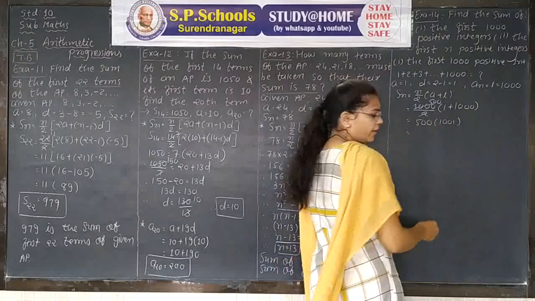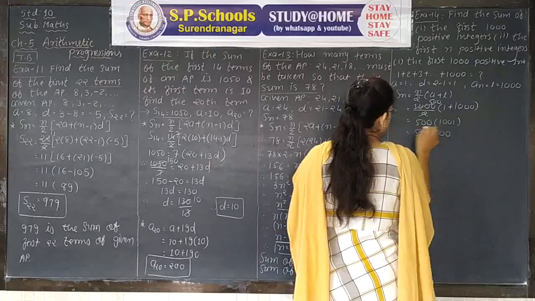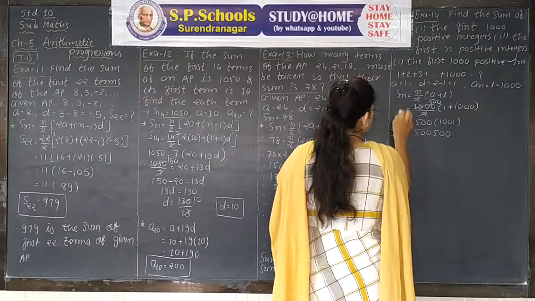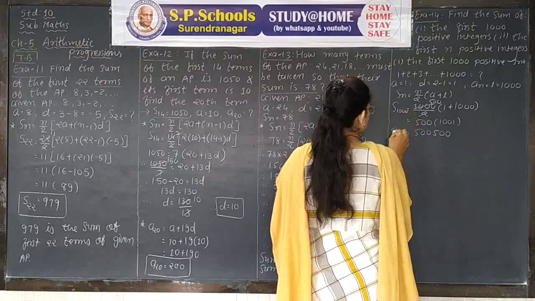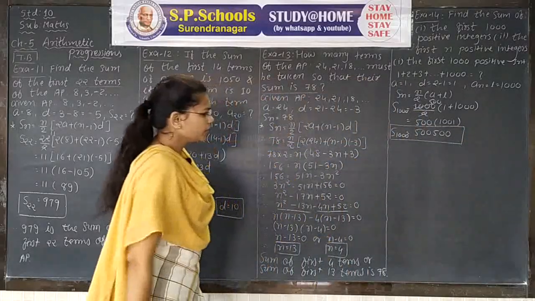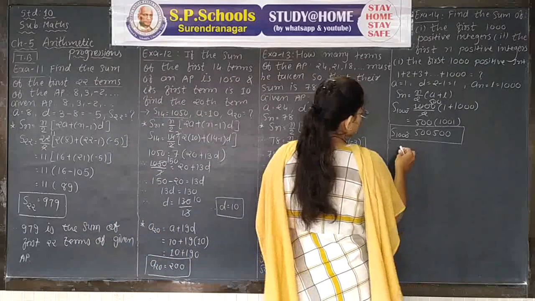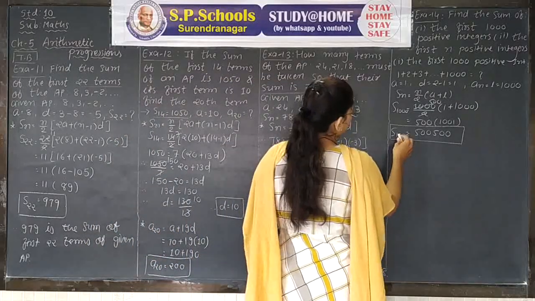We multiply 5 with 1001, 5005, and 2 zeros remain as it is. Instead of n, you have to substitute 1000 compulsorily because it is a finite AP. 5,500,000 is the answer.